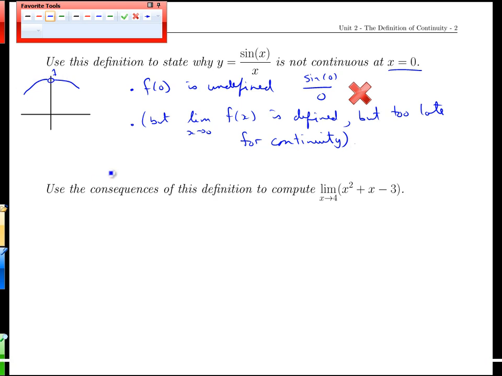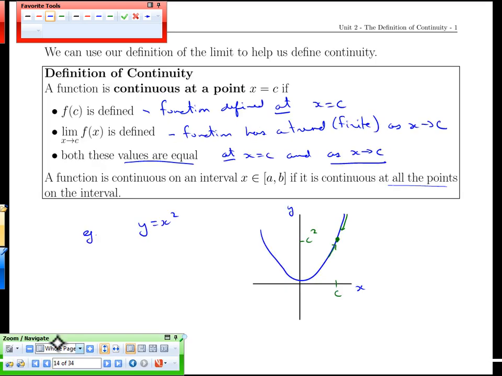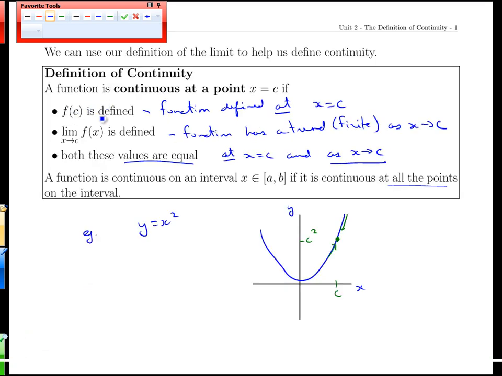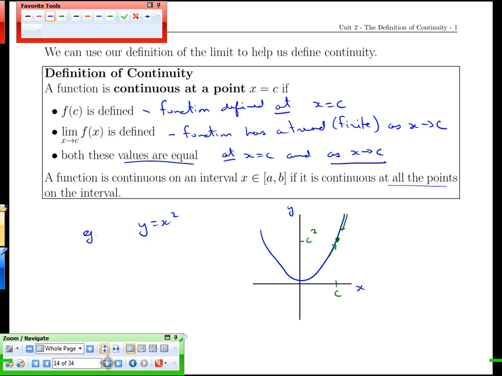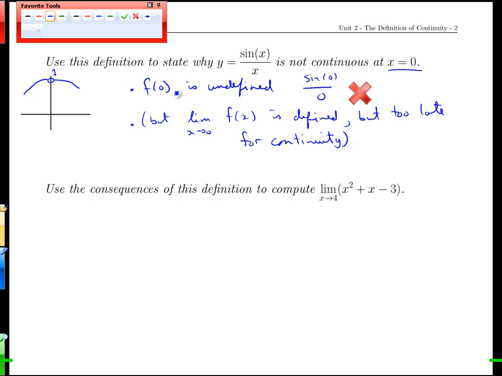So flipping back for a second, we already rule out that function sine x over x being continuous because it lacks a definition at the point x equals 0. We also wouldn't get an equality between the two values because one of them doesn't exist. So we could go further. But it's enough to not satisfy one of those three conditions to not have continuity. To have continuity, you need all three. All right, so that's how we can explore the continuity question of a point like this.